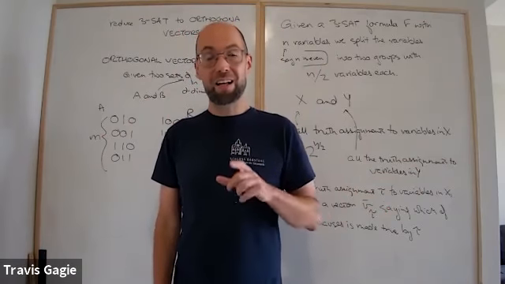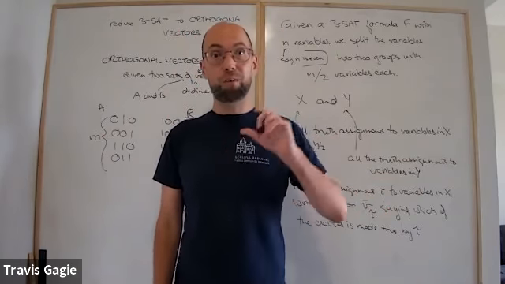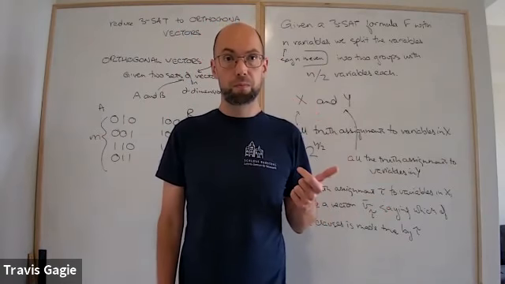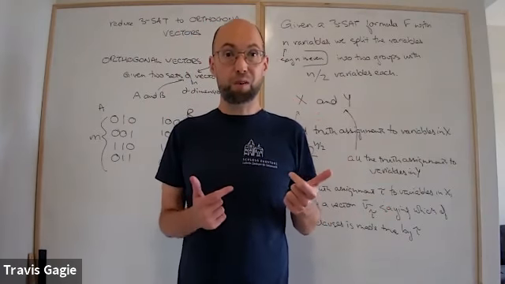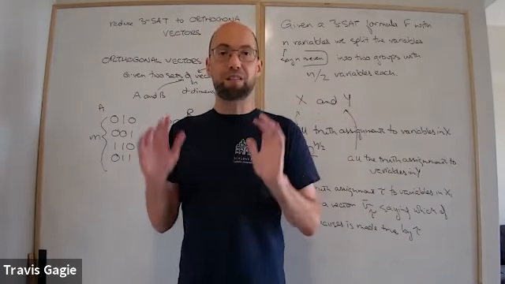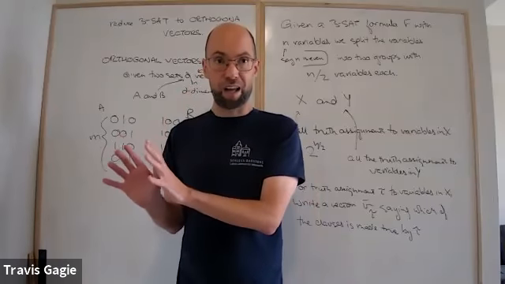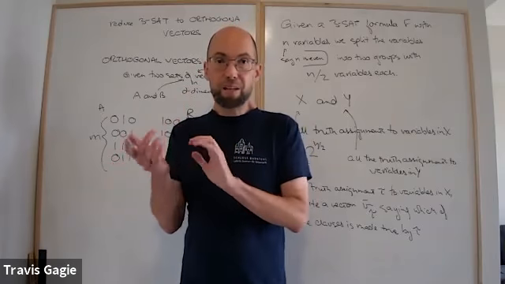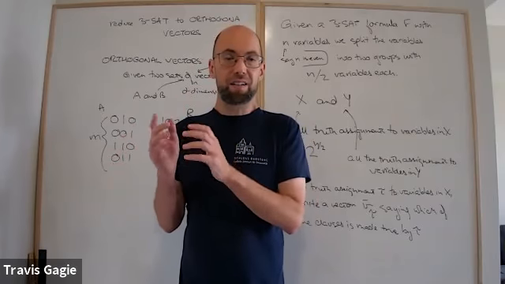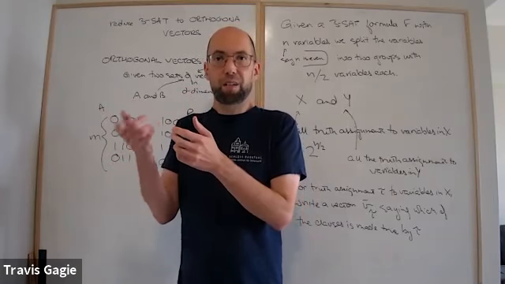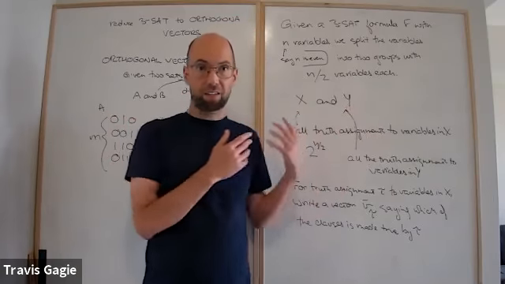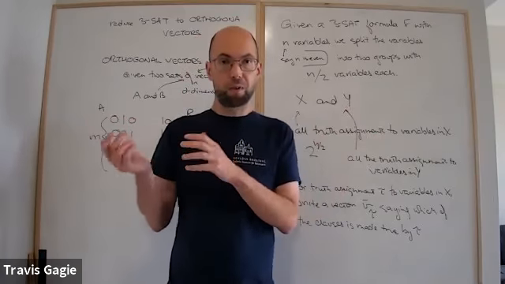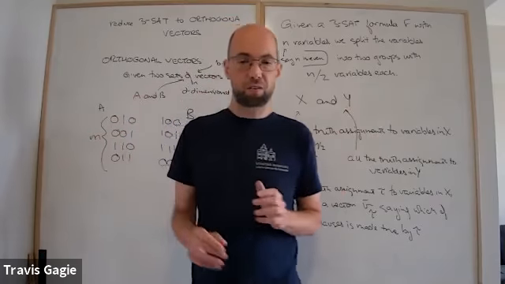If it makes it true, we write a 0. And if it makes it false, if it doesn't satisfy it, that is, maybe there's a variable in there which is not in X.